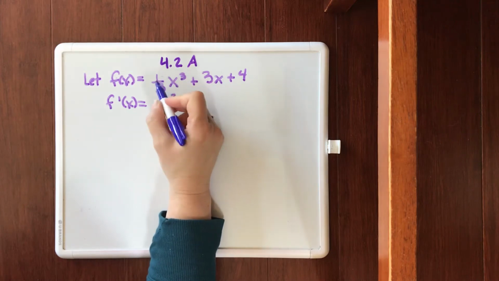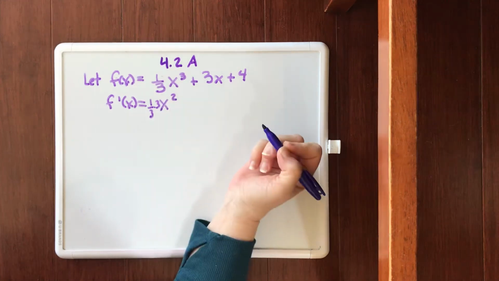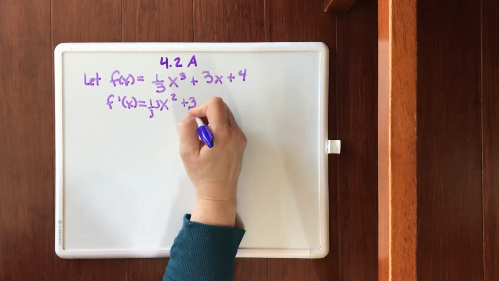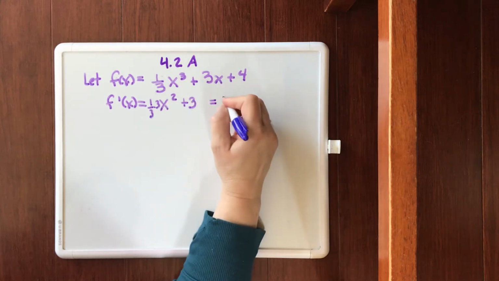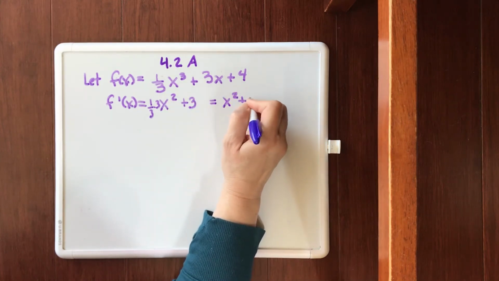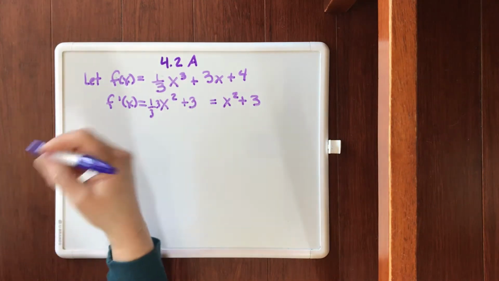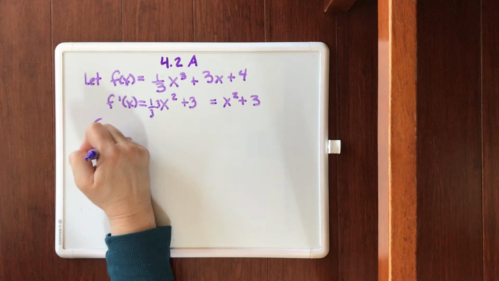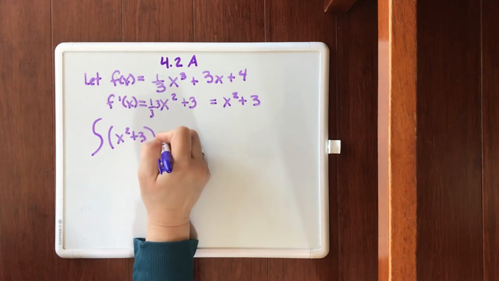And you bring the 3 down, so we have 1/3 times 3 plus 3, and that's 0. So this just equals 1, and we're left with x squared plus 3. Okay, so let's integrate that now. We're going to integrate x squared plus 3 dx.